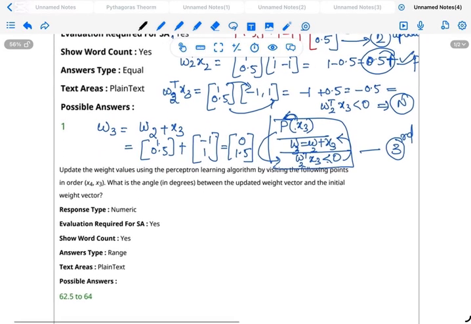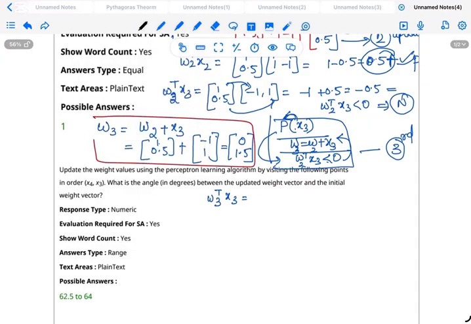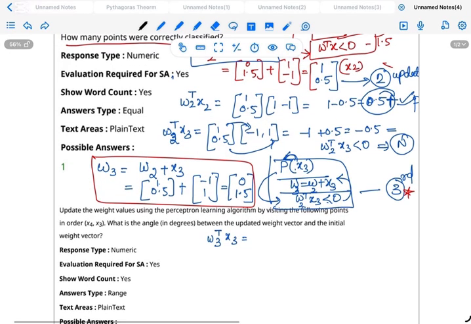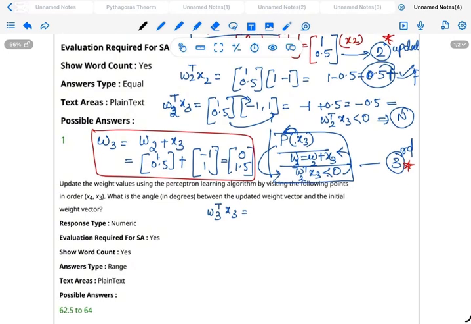Now we again find W3 transpose X3. Remember, this is the third update, because it was misclassified; this is the third update, and that was the second update. So W3 transpose X3, with W3 equal to (0, 1.5) and X3 equal to (-1, 1), the dot product is 1.5.